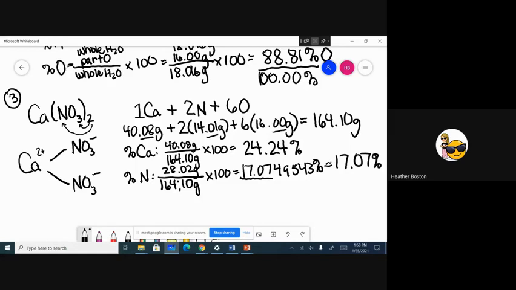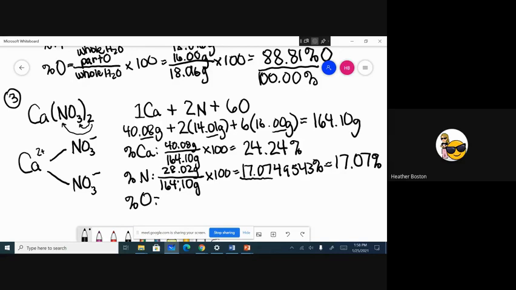I want you to pay attention to this one because you'll see that we rounded it because we do need to report our answer in 4 sig figs, but when I go back and check that it adds up to 100, it's not going to quite add up to 100, and that's okay.